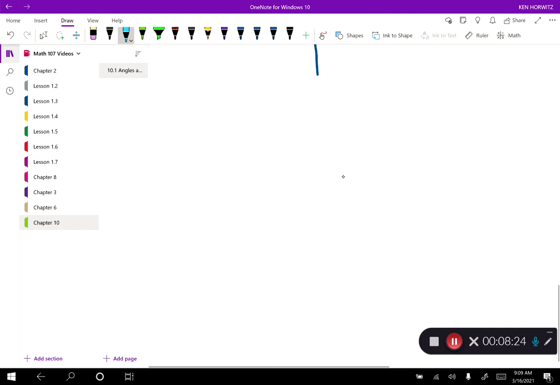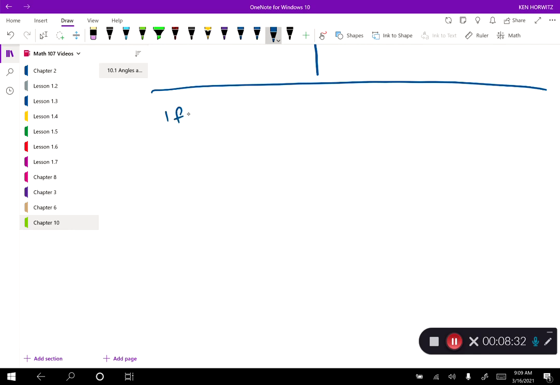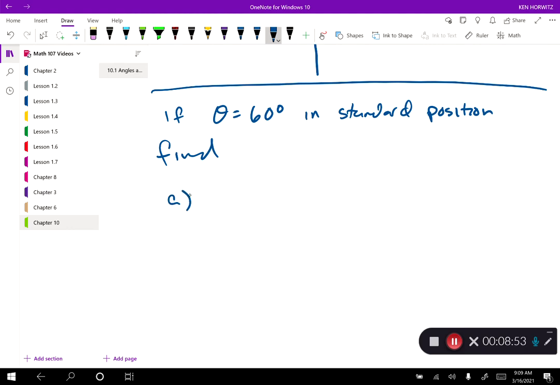All right. So let's do a quick example. Not going to be too much math here. So if theta equals 60 degrees in standard position, A, find two coterminal angles. B, an angle complementary.